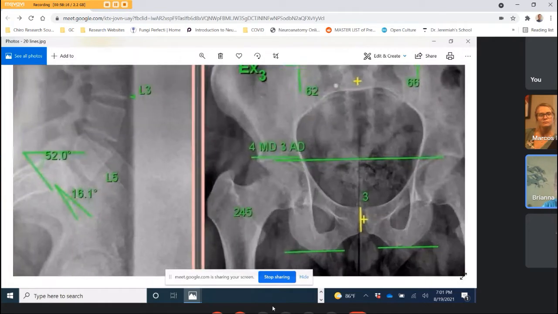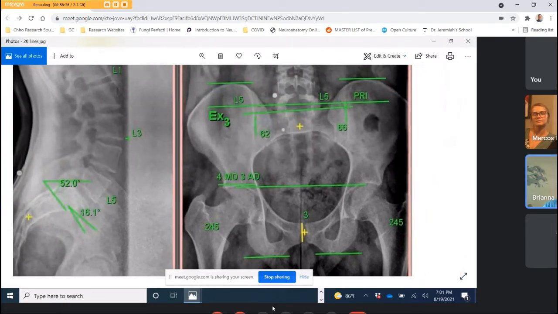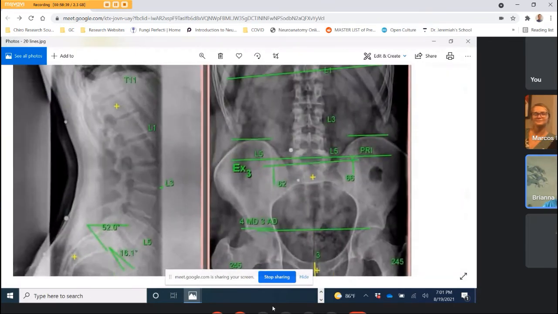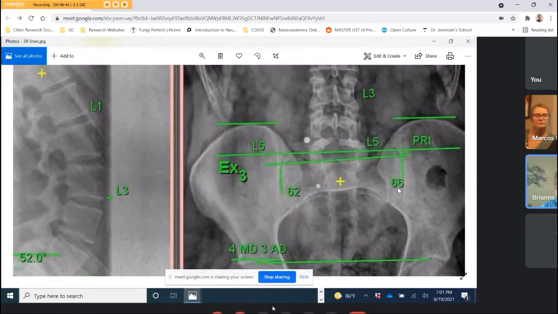I would like to make a comment on this digital line drawing. The width of those lines are way too thick. That could create 1 or 2 millimeters, couldn't it? And look, according to his landmarks on the sacrum, he's saying the sacrum is rotated posterior on the right, so that would make it a PL.